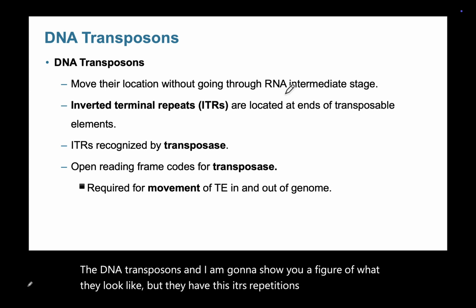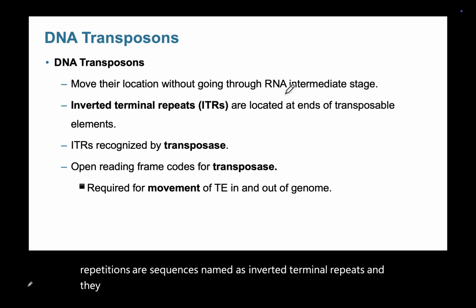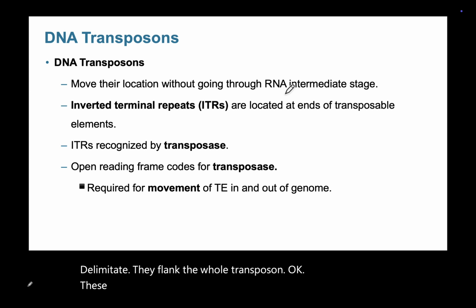Those ITRs are sequences named inverted terminal repeats, and they are located at the ends of the transposon, flanking the whole transposon. Okay? These ITR regions are recognized by the transposase.